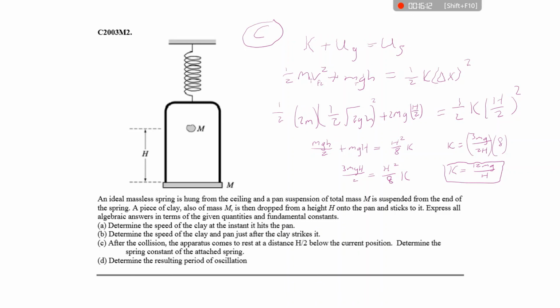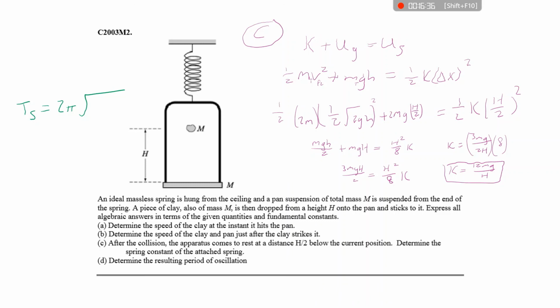And last one, determine the period of oscillation. Oh, that's a spring, so that's 2 pi square root of m over k.